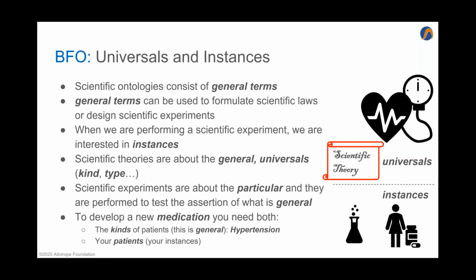But when you're trying to convey the scientific theory, which is about the general and universal, you use the universal terms to set up those theories. So to develop a new medication, you need both. You need the kind of patient, for example, hypertension patient, this is the universal, this is the general, and the patients themselves, those are your instances.